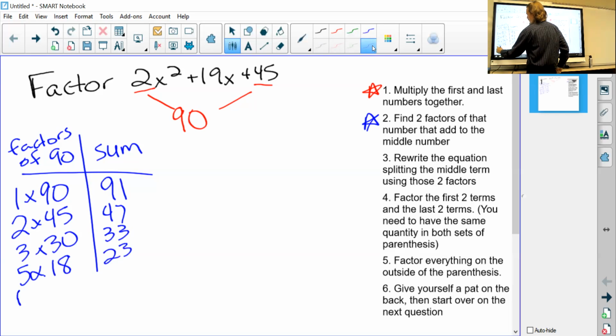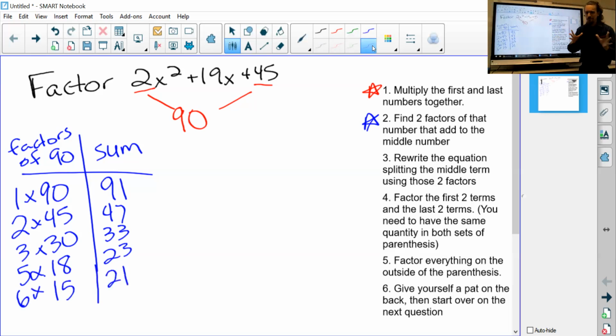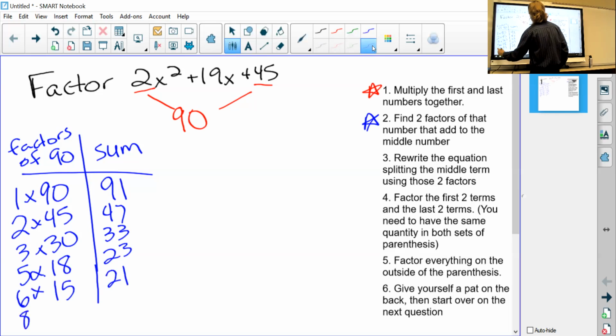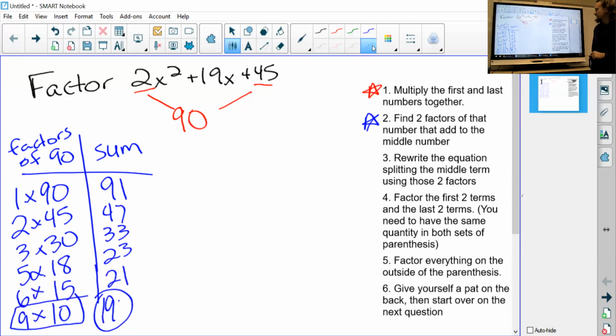But if you want to do this by hand, don't let anyone stop you. So 6 times 15, that adds up to 21. I'm getting close, almost there. Last pair is not 8. 9 times 10, which adds up to 19. That's what we want. So here are our 2 factors, 9 and 10.